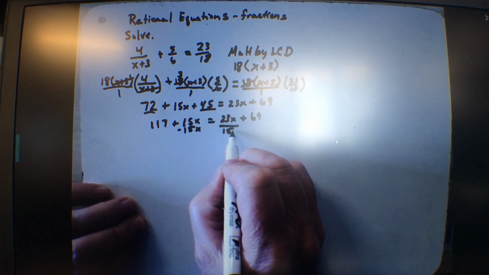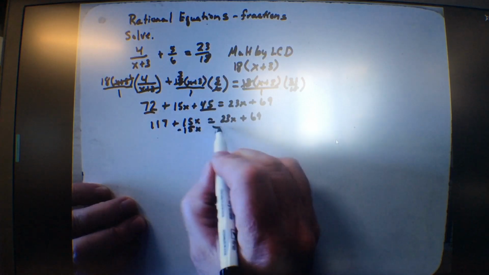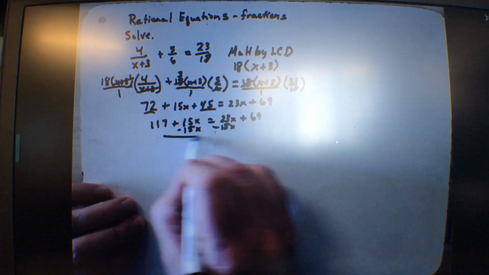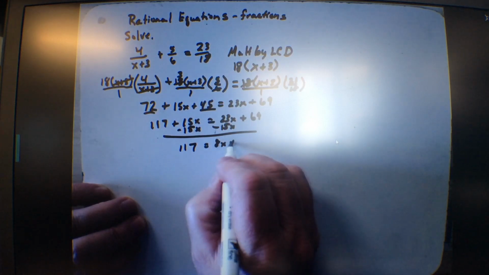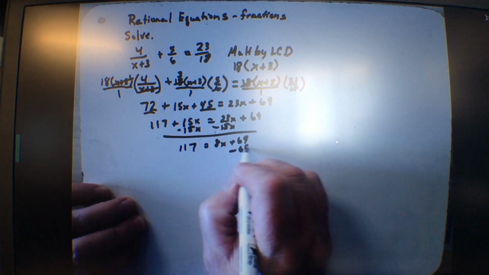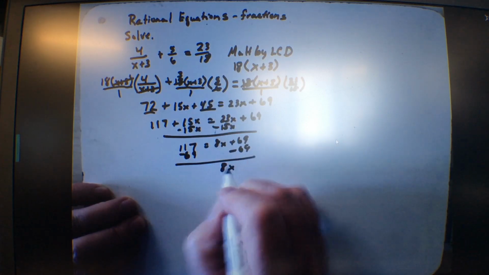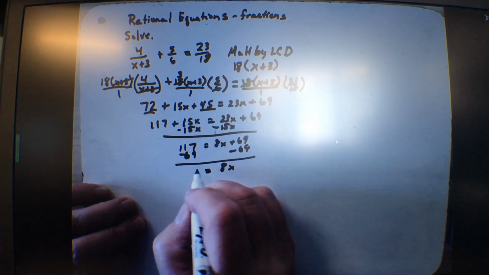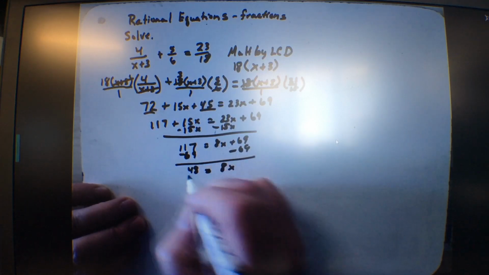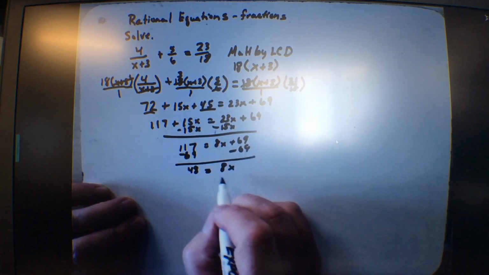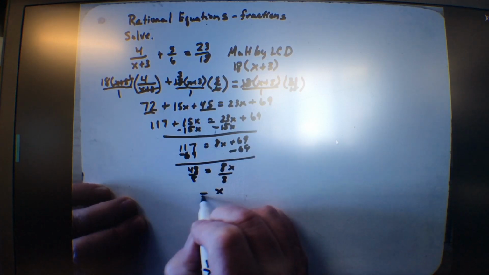Minus 15x, and I get 117 equals 8x plus 69. Now subtract 69, and I get 8x equals 48, is that correct? And divide by 8, and divide by 8, x equals 6.